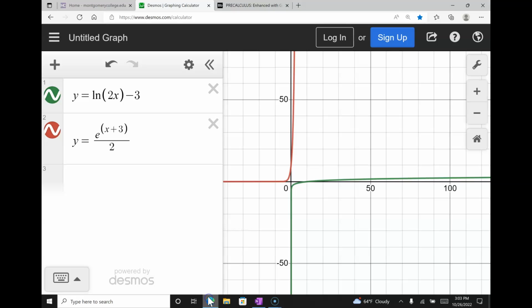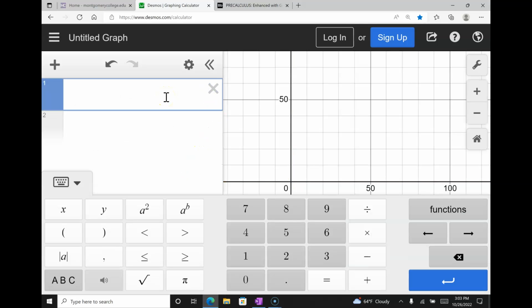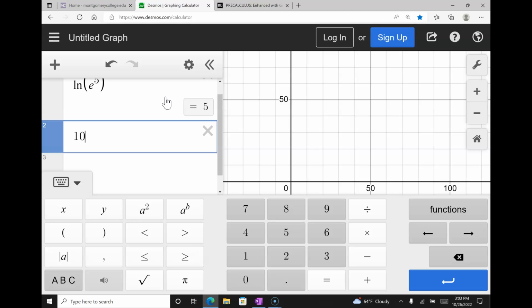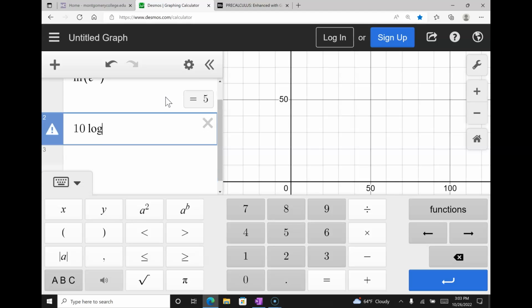Let me show an inverse property first. So ln of e to the fifth. It's 5. ln and e are inverse functions, right? 10 to the log of 7.